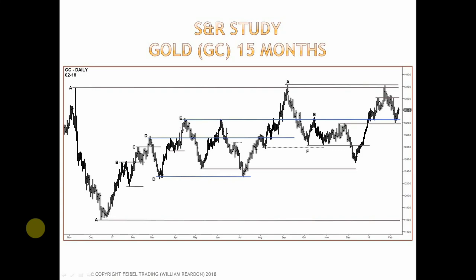The normal use would be from this high, this high, and this low here. So if we just skip back, we have the highs of E, D, and the low of D, and I will draw them here, the blue lines, just under.